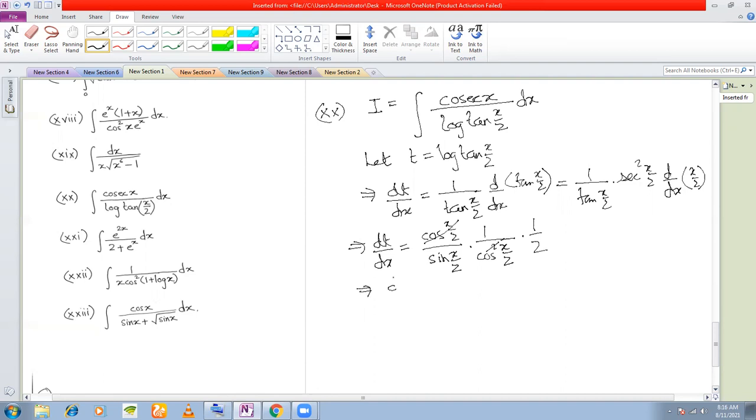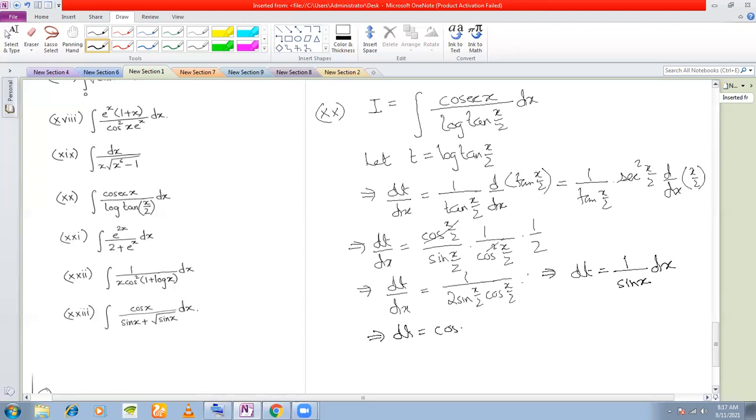You simply get here dt dx is equal to 1 by 2 sin x by 2 cos x by 2, that will become sin x. That means dt is equal to 1 by sin x dx, and it will become dt is equal to cosec x dx. That's what I was talking about.